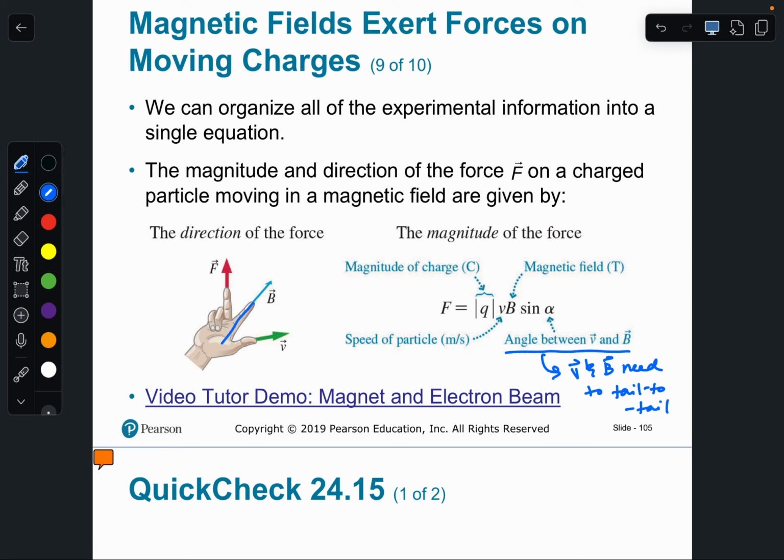These are technically sitting tail to tail, right? Because you draw them back. So this angle right here would be alpha, but they might try to mess around with you. You just need to make sure that if you're calculating angle alpha, you're putting those two vectors tail to tail. That's the only way you can calculate the angle between two vectors.